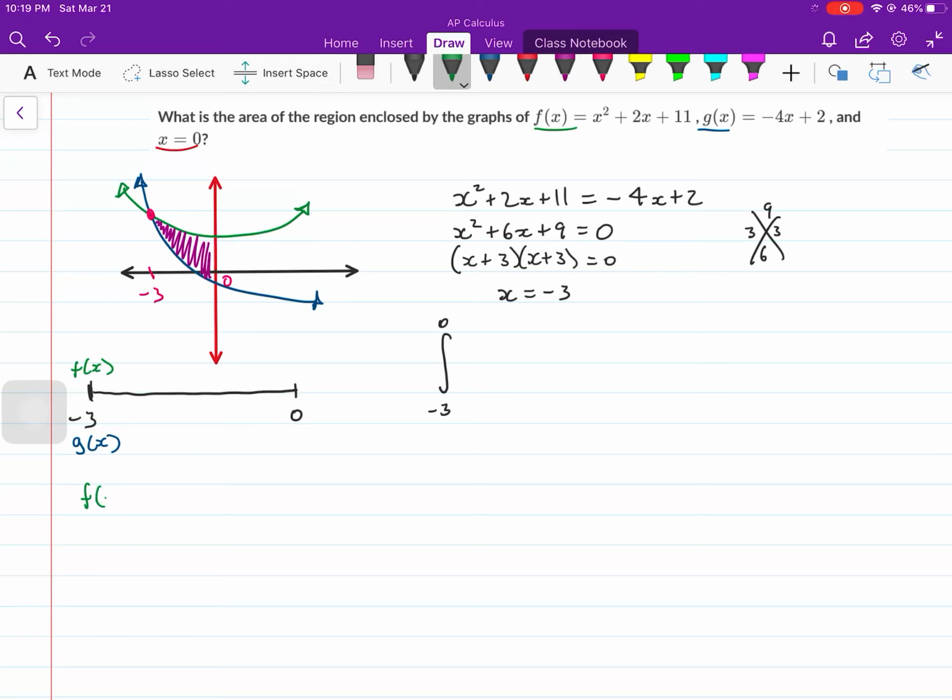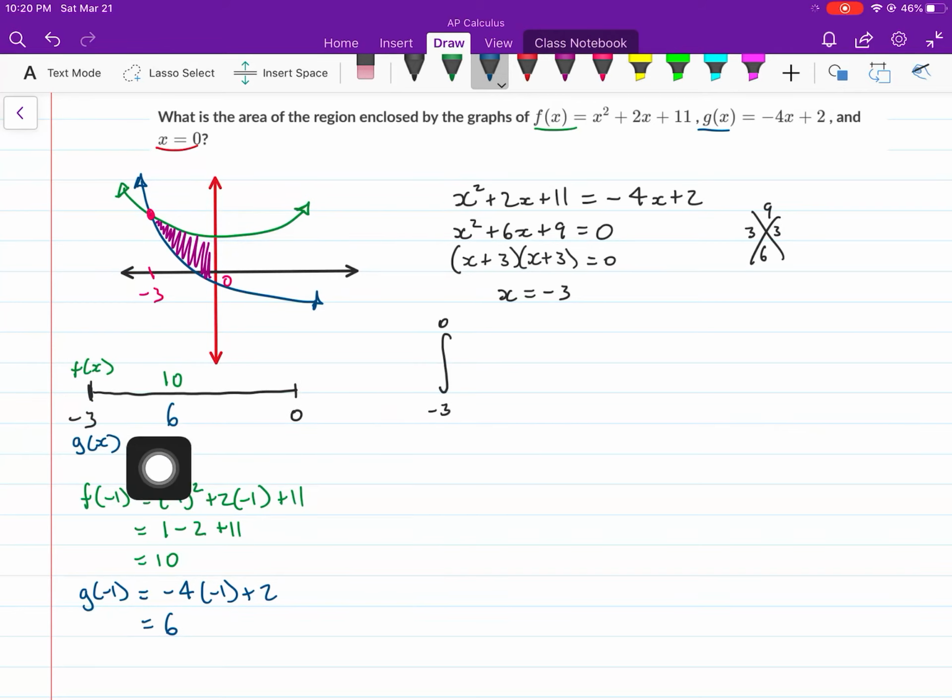So f of negative 1 is negative 1 squared plus 2 times negative 1 plus 11, which is positive 1 minus 2 plus 11, which is 10. And then g of negative 1 is going to be negative 4 times negative 1 plus 2, which is 6. So f of x is the greater one, so that's what's going to go first.